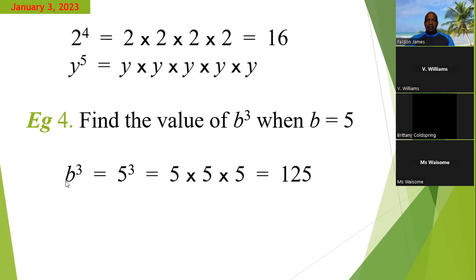So here we have b raised to the 3rd power. We assign b equal to 5. So now if b is 5, we now have b raised to the 3rd power, which is the same as saying 5 raised to the 3rd power. So we would have, by calculation, we multiply 5 by 5 by 5, we will get 125.